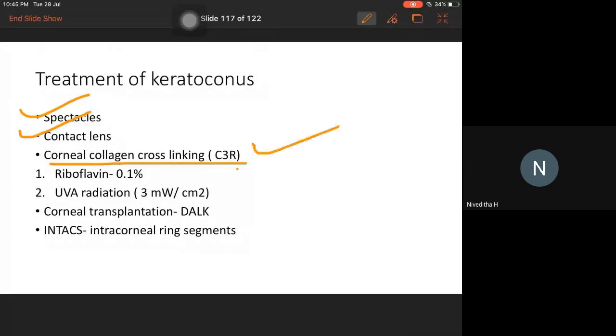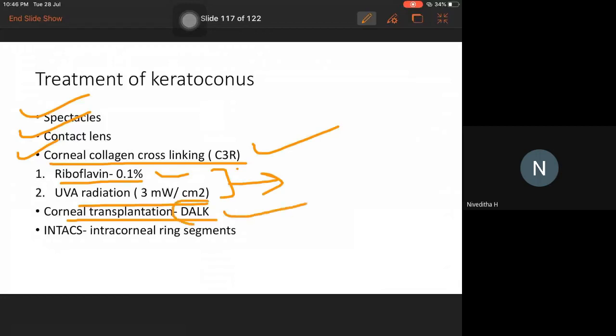What is the C3R? We use a solution called riboflavin, along with UVA radiation. With this, we try to form a strong bond between the lamellae. If it doesn't work, then think of going for a corneal transplantation.